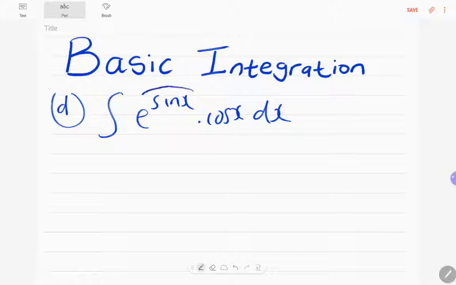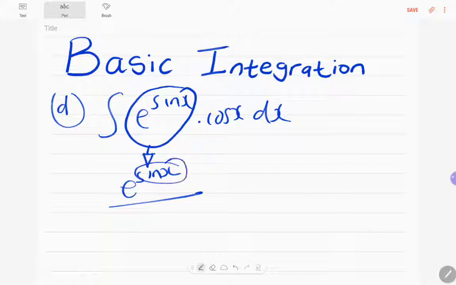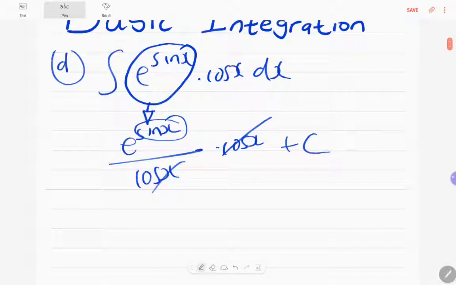Now if you can check here, if we can take this one as u, you know that it will say e sin x, and you divide by the derivative of the exponent, which is cos x, multiplied by cos x. You can see that these two will cancel. You just add a c. So this is your answer. So in other words, what I'm trying to say is that when you want to choose your u, check which one, when I choose, will end up cancelling with the other one at the end. So this, in this case, is the one that is going to cancel with each other.